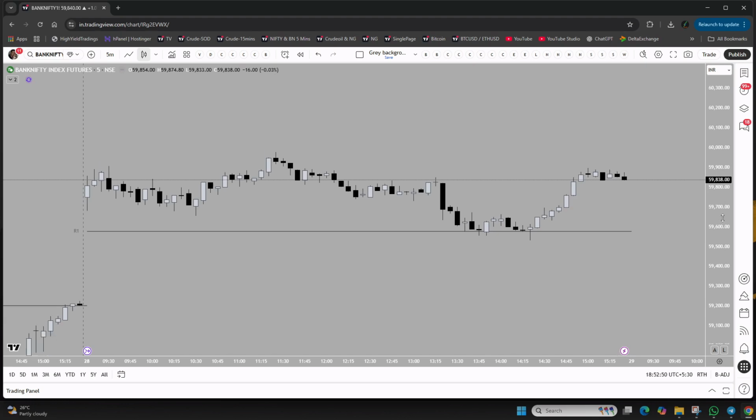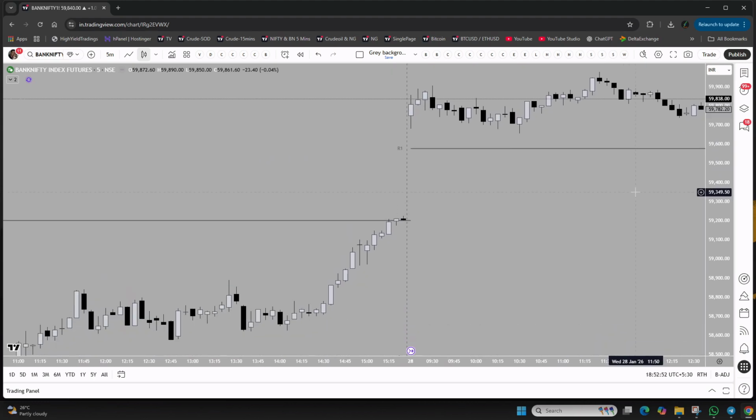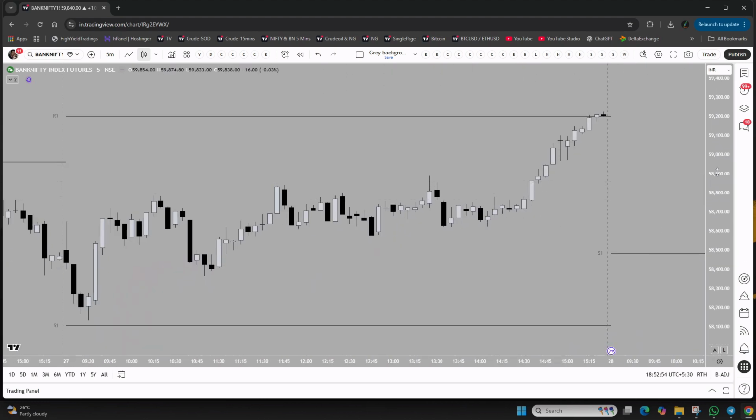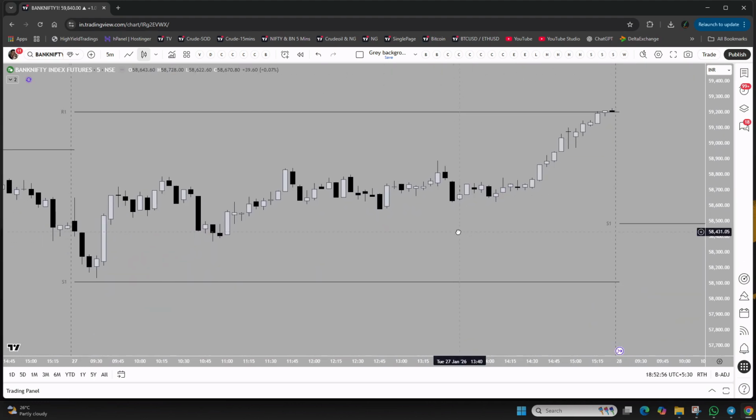Since I'm already making a video, let me go ahead and have a look at yesterday's market as well. So this is the market for 27th of Jan 2026, that is yesterday. What happened yesterday was the candlestick never breached R1, nor did it breach S1. So this is a no trade day. 27th Jan 2026 was a no trade day.